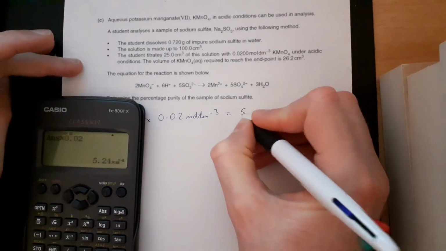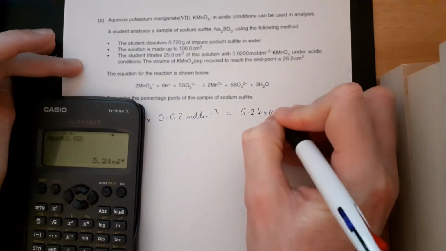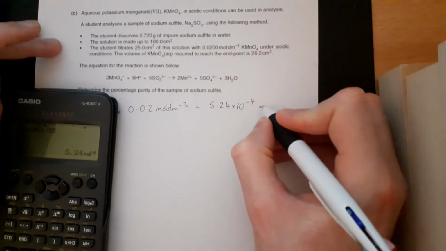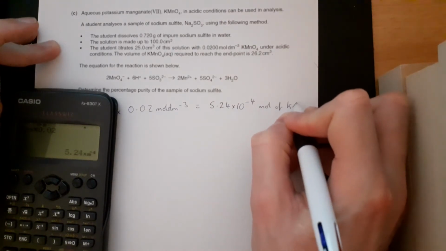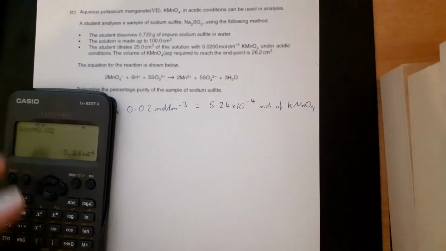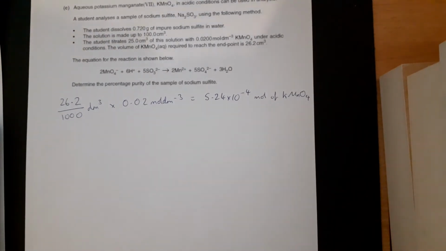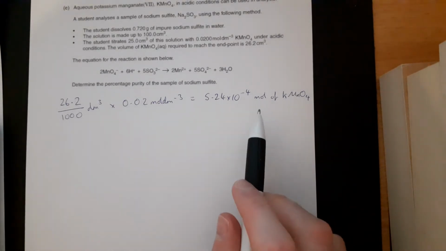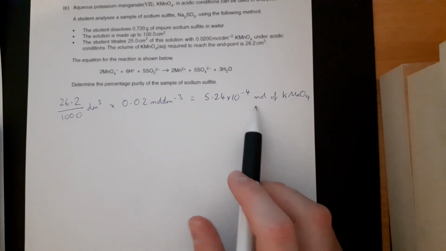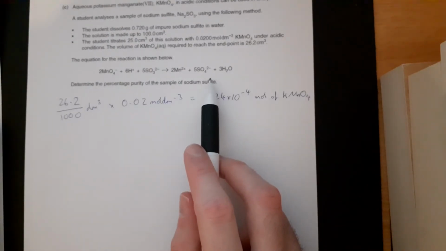So we get 5.24 times 10 to the minus 4, and that is the moles of the potassium manganate. Okay, so where do we go from here then? Now we've got the moles of one of our species. We then want to use the equation to find the ratio.